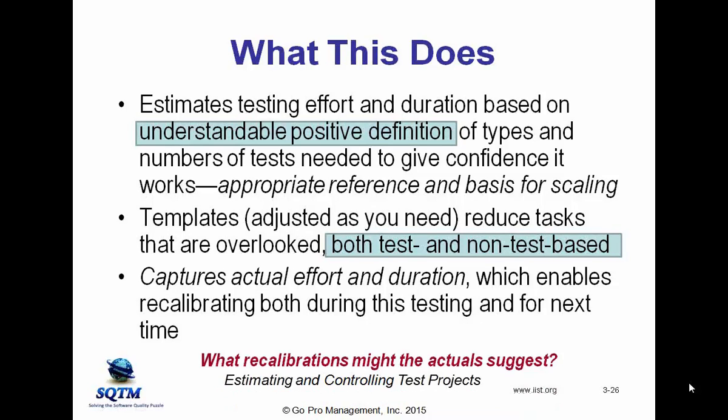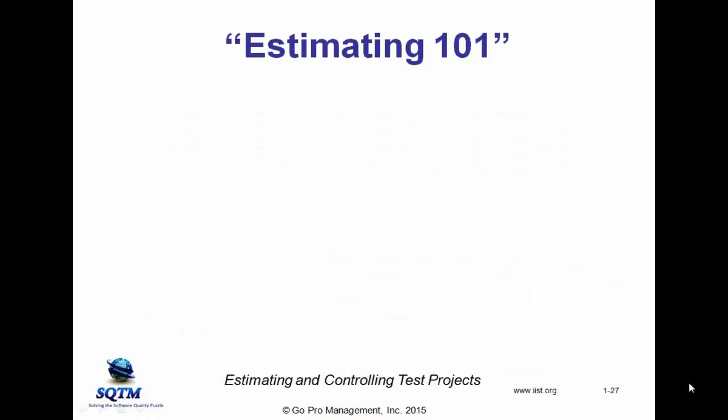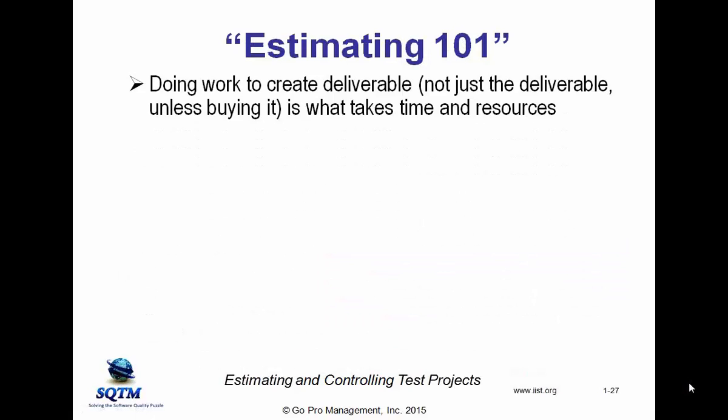Okay? And the recalibrations could be all kinds of things. Maybe the person who's carrying out the test doesn't have the necessary skills or the resources or the tools or whatever. But when we can see what's involved, then we're in a position to make more meaningful estimates.